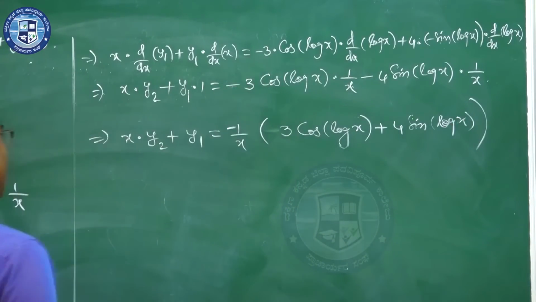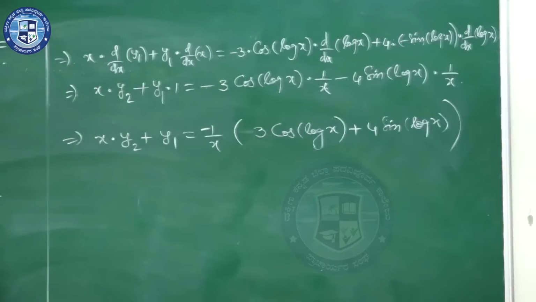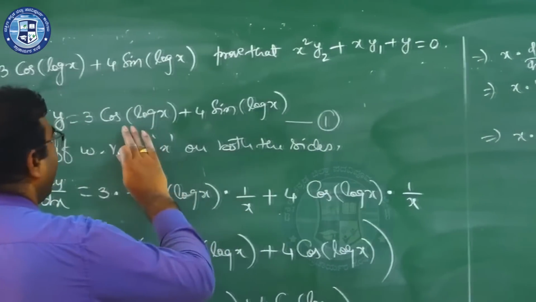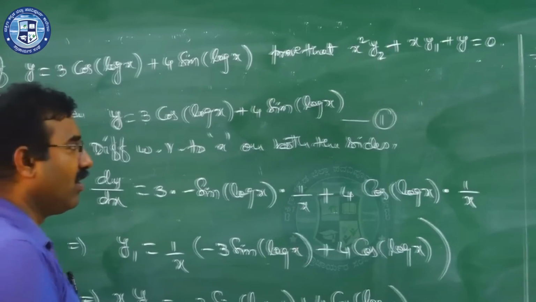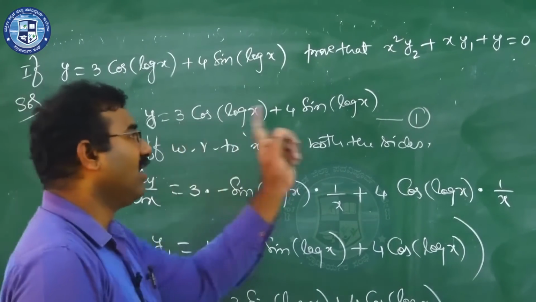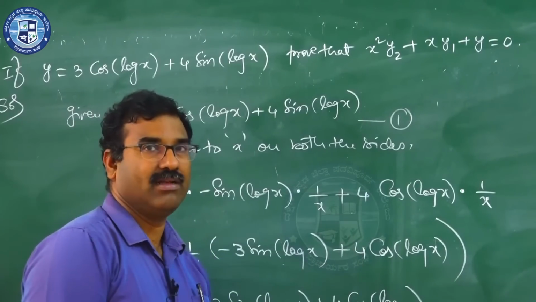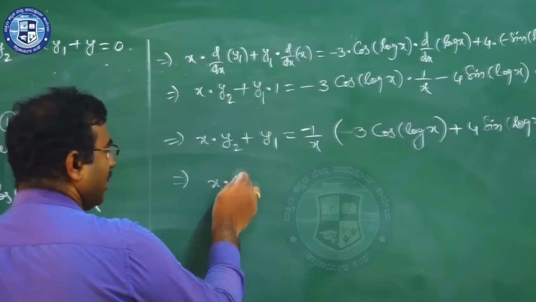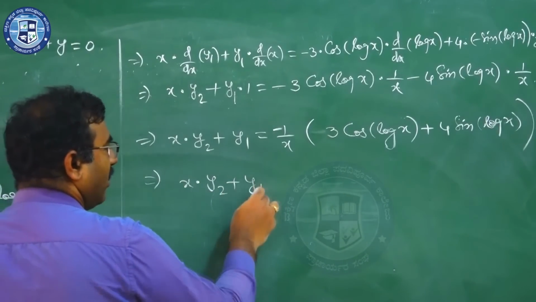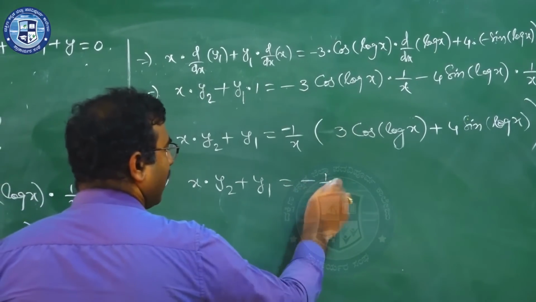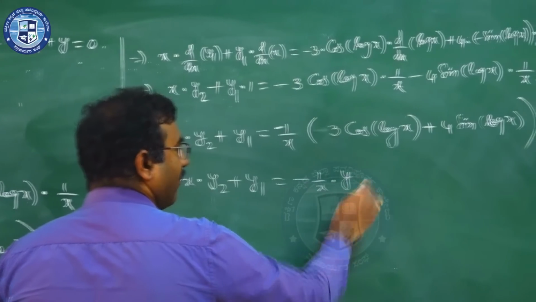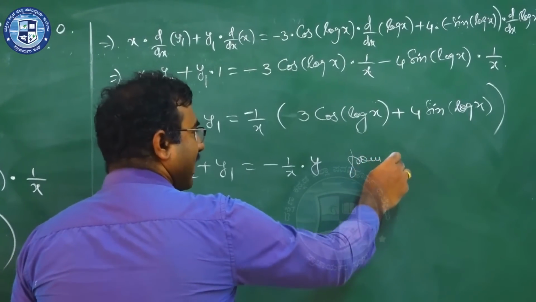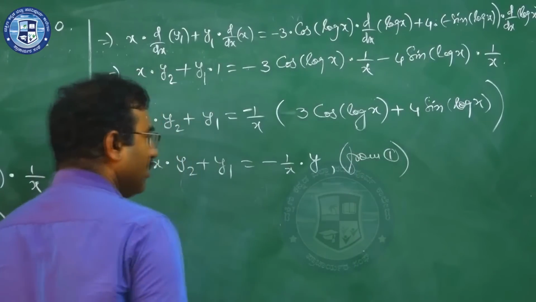You just observe, 3 cos log x plus 4 sin log x is what? y it is. We name it as 1, okay, and we substitute this y value there. So, x into y2 plus y1 is equal to minus 1 by x into y, from 1. That means the given thing it is, from 1.